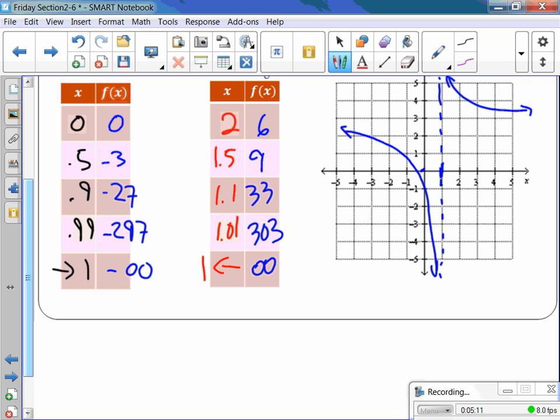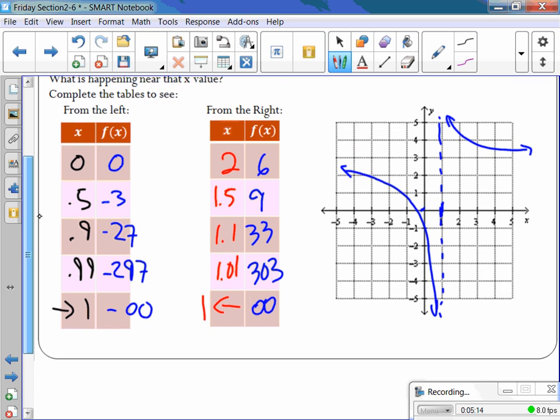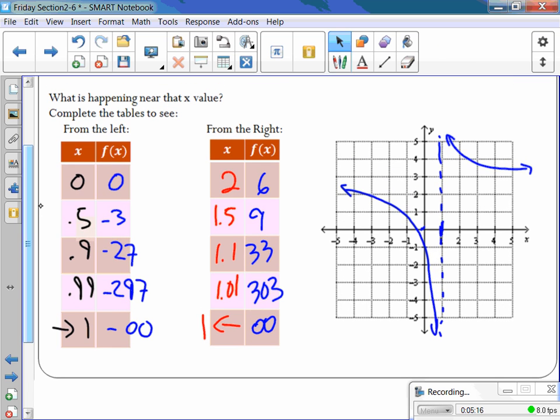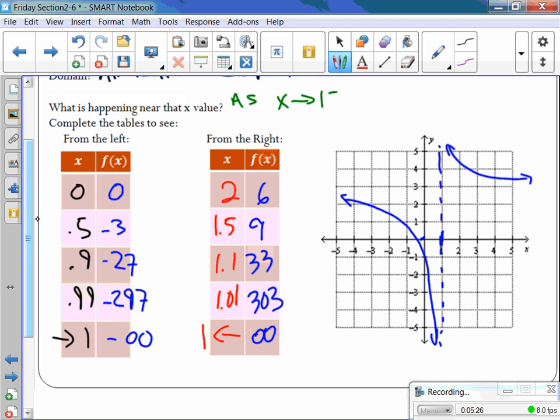Here we can take a look. The symbol here says as x approaches 1, and that minus sign indicates from the left. So as we approach 1, starting off with small values from the left side, coming this way, approaching 1, where's f of x going?